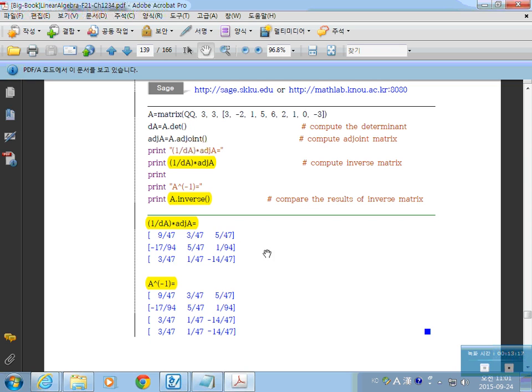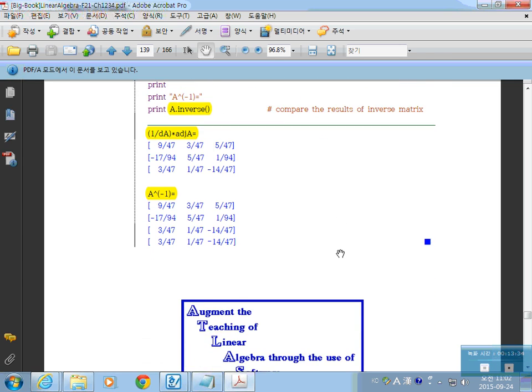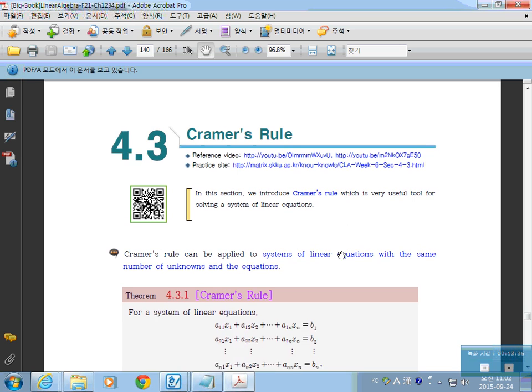As you see, these two matrices are the same. This works for whatever matrix you have here, any size and any type of matrix. So you have now learned another way to find the inverse of a given matrix.